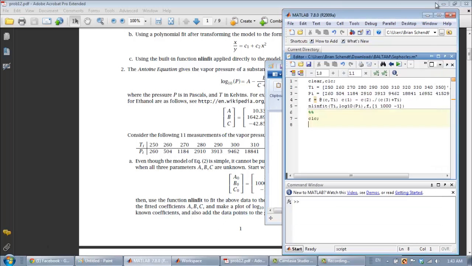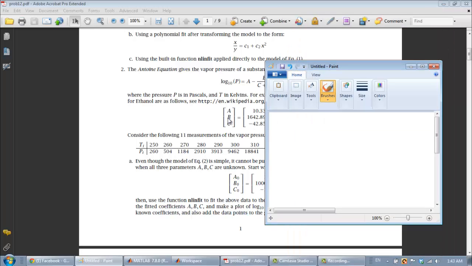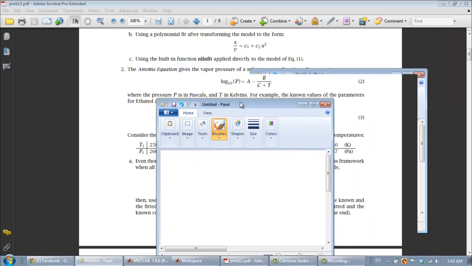So you actually need to do a little bit of math to transform this into a linear function. So let's do that here. 10 to the p is a minus b over c plus t. Okay, so I'm going to move the a to the other side and multiply by -1.